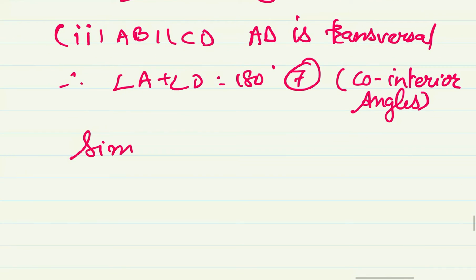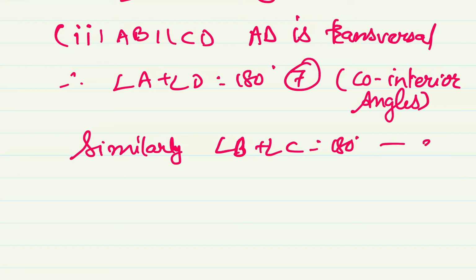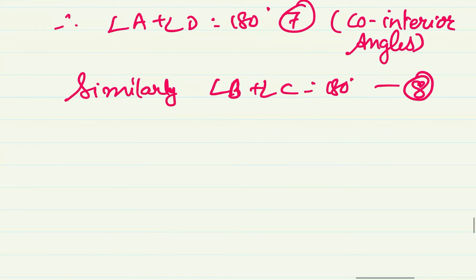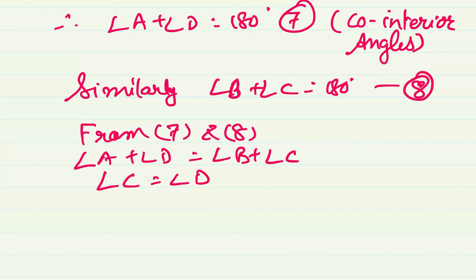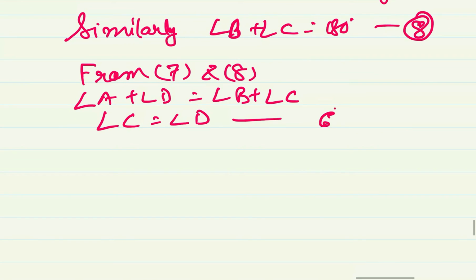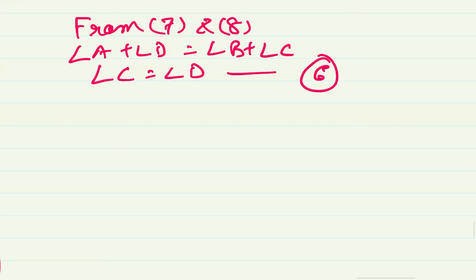Similarly, angle B plus angle C is equal to 180, that is number 8. From 7 and 8, angle A plus angle D is equal to angle B plus angle C. Therefore, angle C is equal to angle D. That is our second proof.